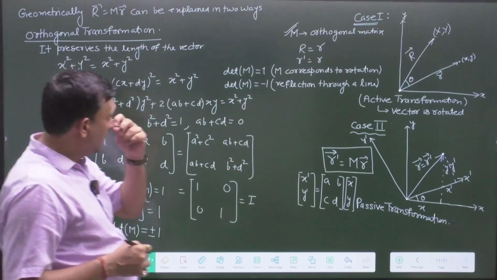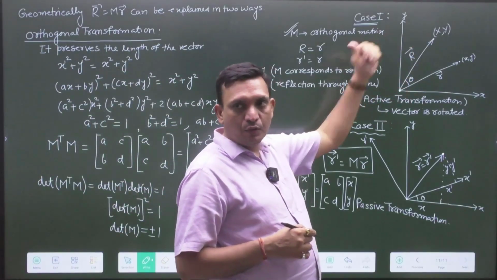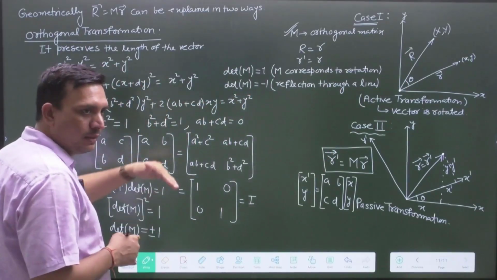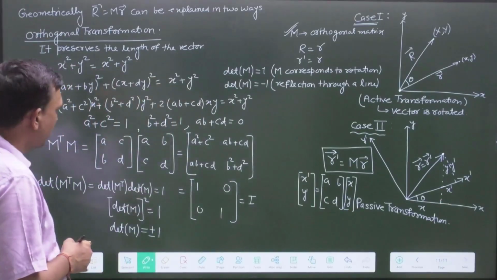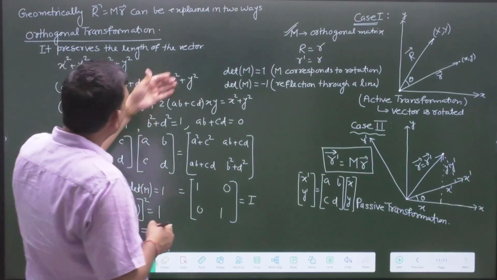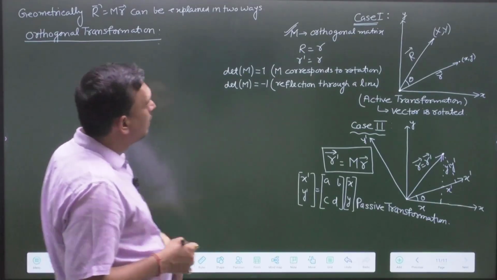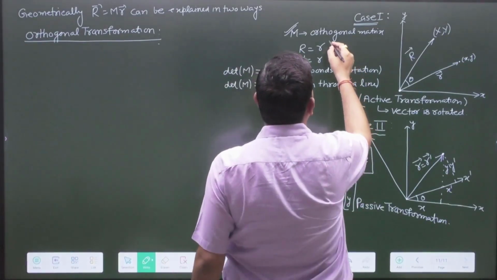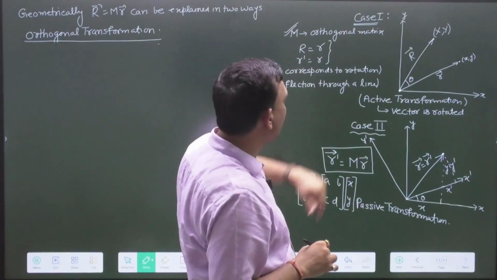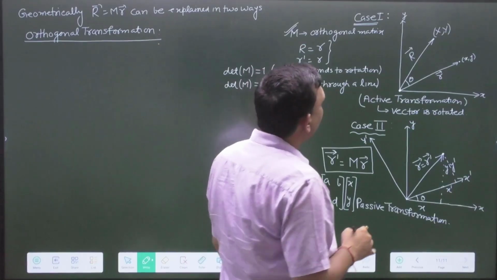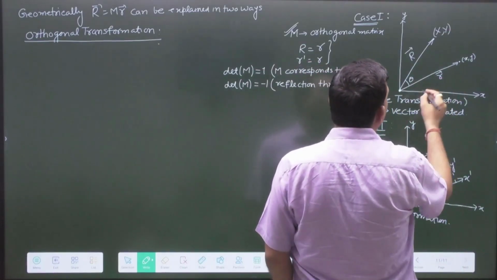So let's write the matrix M in case of active rotation. What will be the matrix in case of active rotation? M is an orthogonal matrix and this capital R is equal to small r.